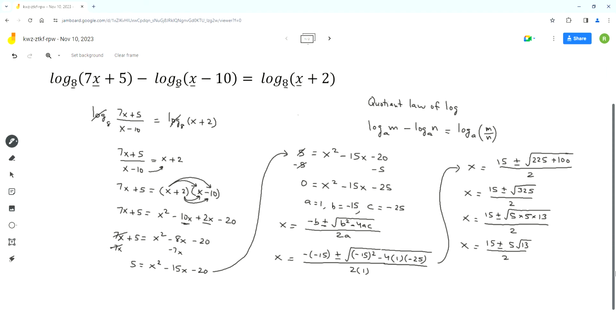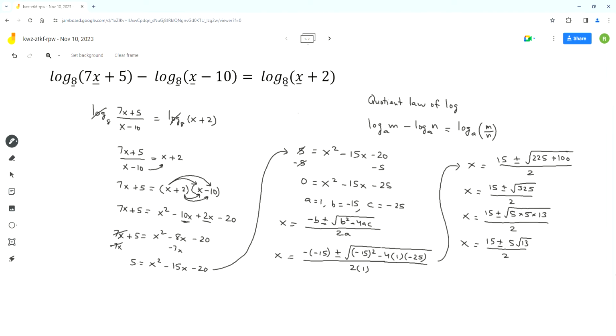The two cases are one positive, the other negative. The positive one is x equals 15 plus 5 square root of 13 over 2. And the other one is x equals 15 minus 5 square root of 13 over 2. So these are the two solutions.